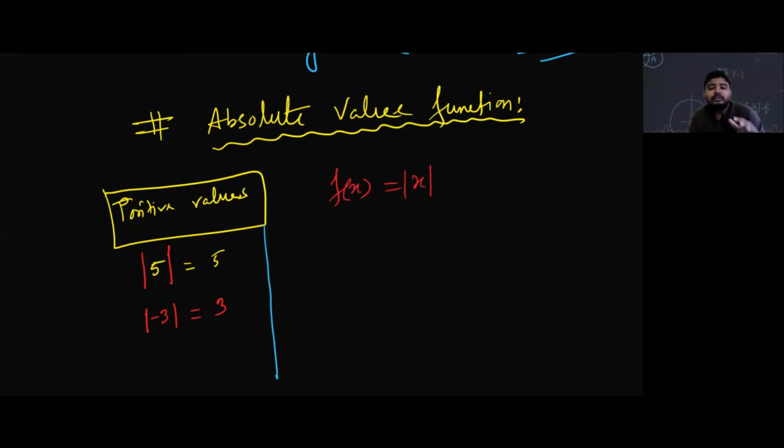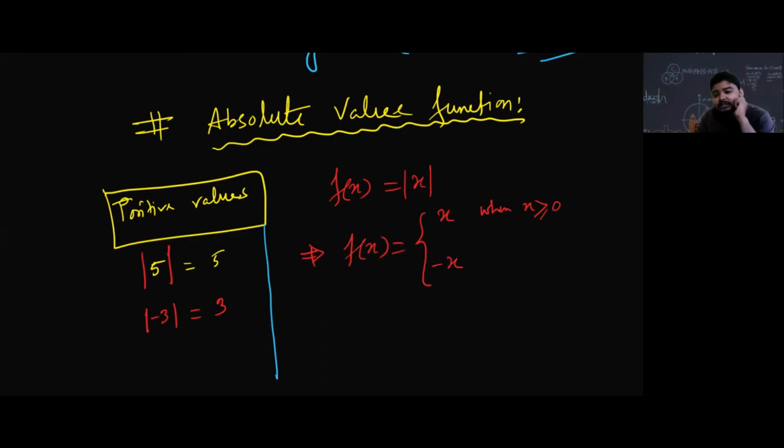If I want to define it in a general sense, not only with 5 or minus 3, with the help of a variable, then f of x will be positive x when x is greater than or equal to 0, and f of x will be negative x when x is less than 0.